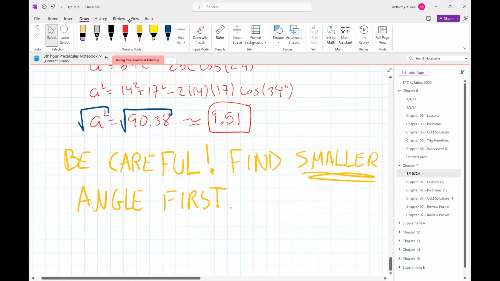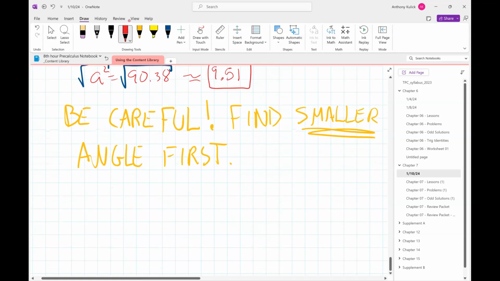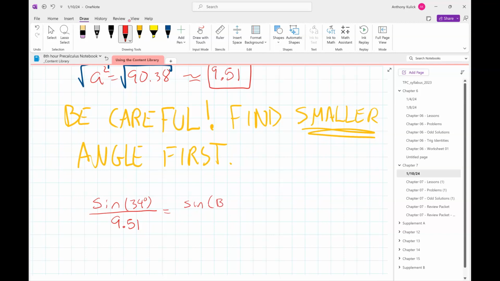Okay. So to do this now, I'm going to use the law of sines because I think that's easier to find the missing angle than using the law of cosines. So I'm going to do sine of 34 degrees over 9.51 equals sine of angle B over 14.